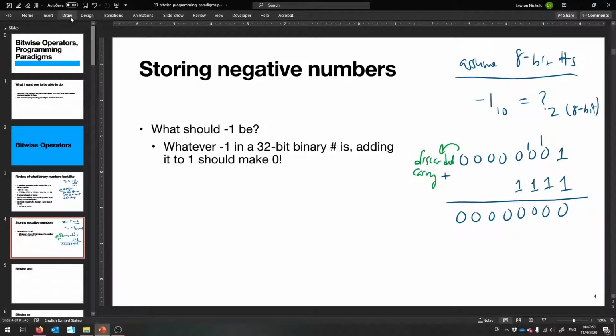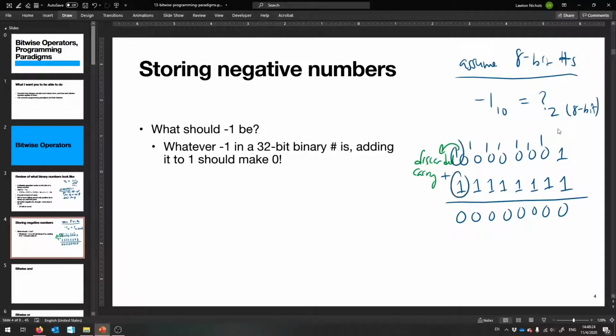And so you can play this game all day long, and eventually you will notice that -1 in binary, in an 8-bit number, in 32-bit numbers it's just a bunch more 1s, it has to be all 1s, okay? Because you want all these to carry. 1 plus 1 is 1, 0, carry the 1, 1, 0, there we go, another 1, 0.